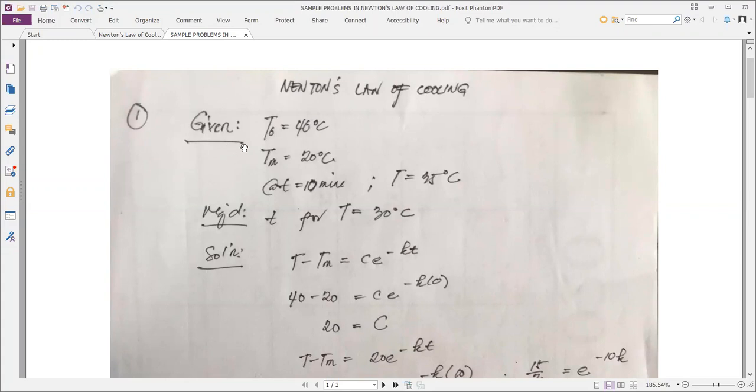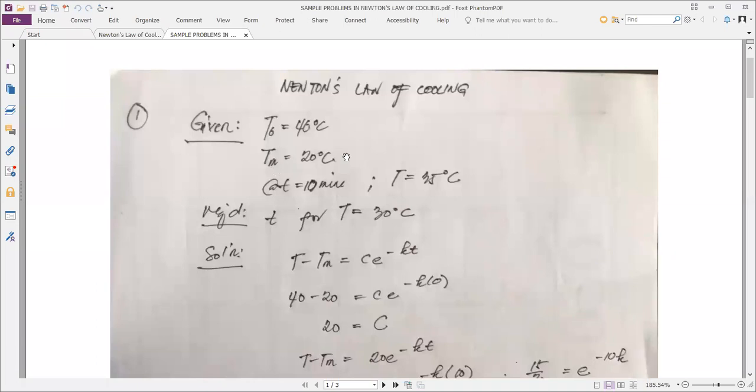It's just that we're used to representing original temperature, or temperature at time 0, as T sub O, because the 40 degrees Celsius is the temperature of the cooling body at time 0, at the start of the cooling process. So that's the main reason why I suggest that it should be T sub O.